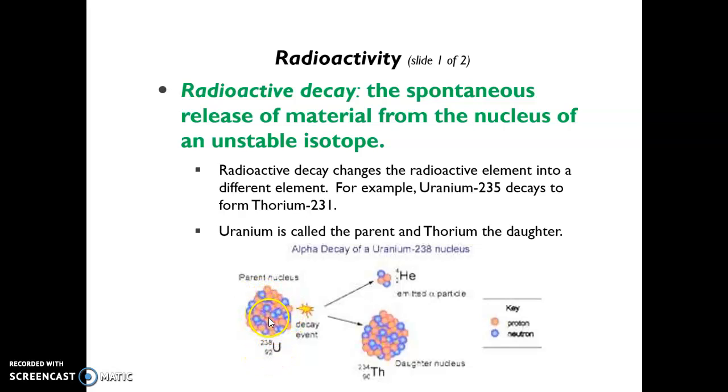That's because it has a lot of extra neutrons, and therefore, since it has a lot of extra neutrons, it makes it an isotope. And it's very unstable. It's very large, both in terms of its total number of protons, and because of the amount of neutrons in there.